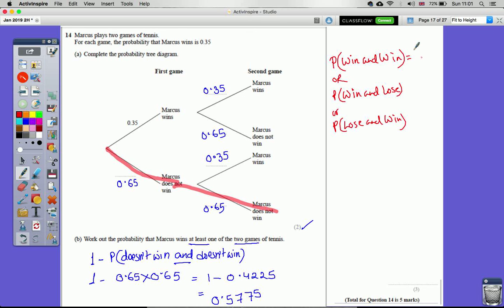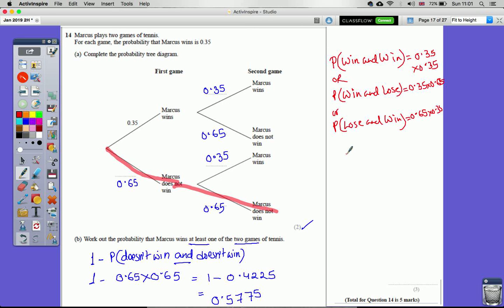So win and win is going to be 0.35 times 0.35. Here is going to be 0.35 times 0.65, and here is going to be 0.65 times 0.35.